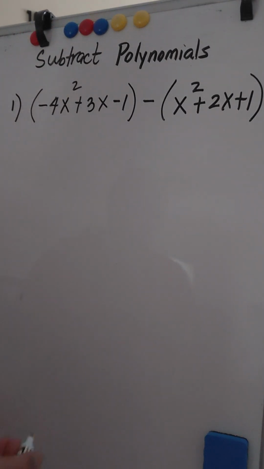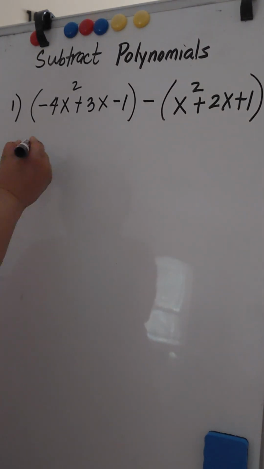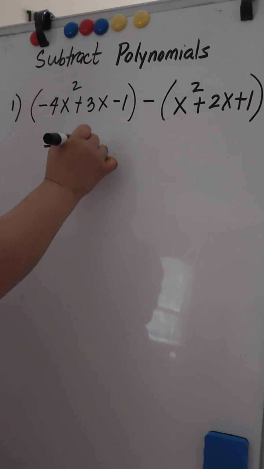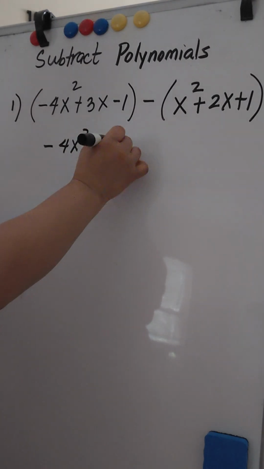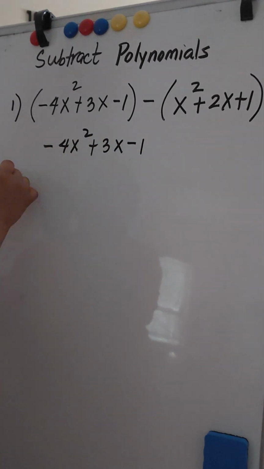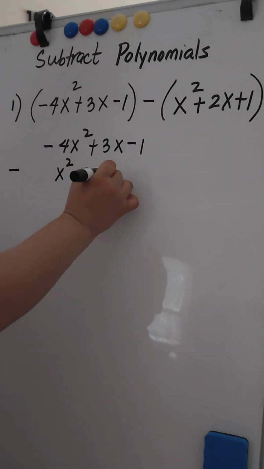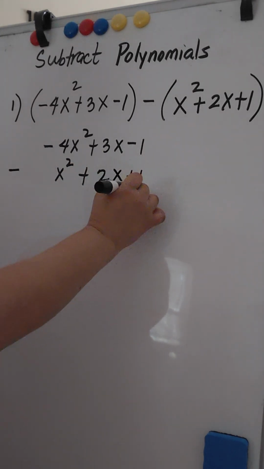We're going to apply how we subtract integers in subtracting polynomials. So we have negative 4x squared plus 3x minus 1 minus x squared plus 2x plus 1.